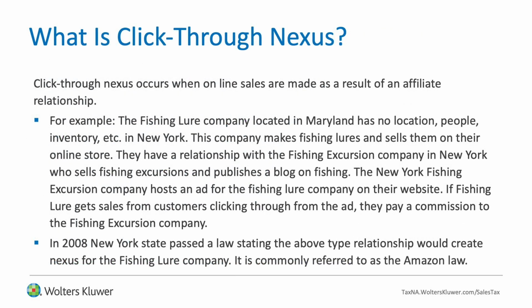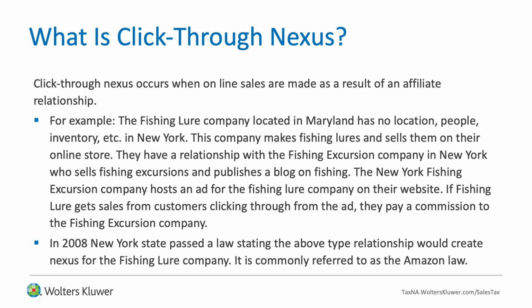So what is click-through nexus? I gave you an example here where there's a fishing lure company located in Maryland. They have no location, no physical nexus in New York. They make fishing lures and sell them on their online store. They have a relationship with a fishing excursion company in New York. The New York fishing excursion company sells fishing excursions and publishes a blog on fishing. They host an ad for the fishing lure company on their website.